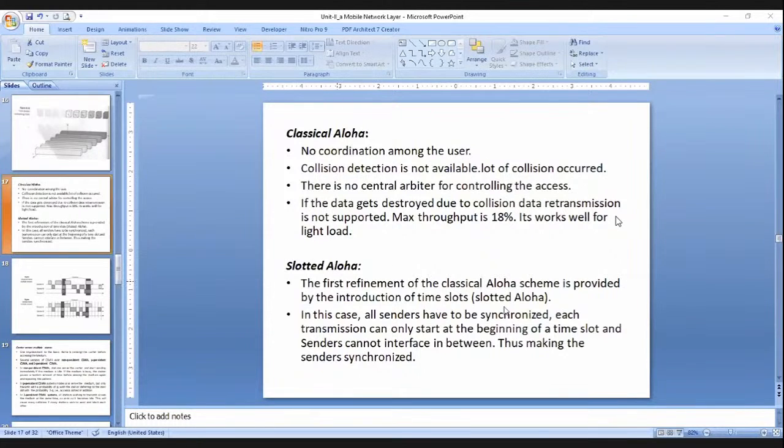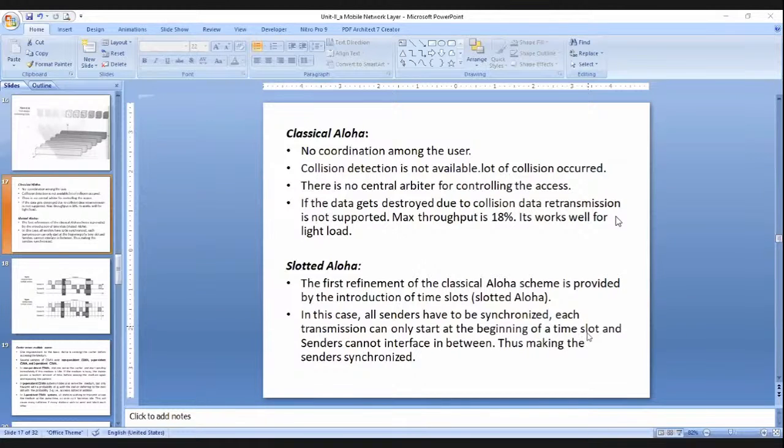In this case, all senders have to be synchronized. Each transmission can only start at the beginning of a time slot. So when you are sending any data, you should know what time slot was allocated to the sender.